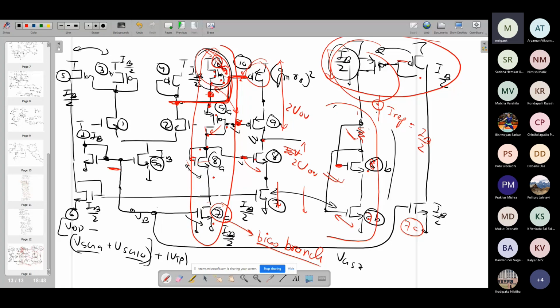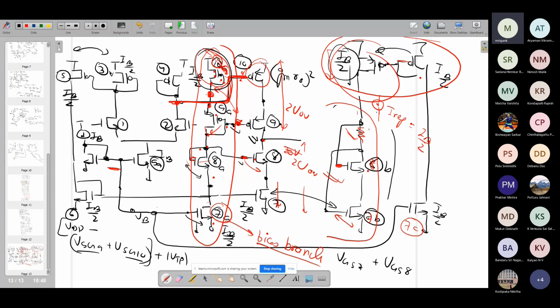So as compared to the drain of M7, you are having VGS of 8 also, so plus VGS8, assuming that the gate and drain voltages of this M7 remain similar, because it is mirroring IB, and assuming that in the IB you have gate and drain voltage similar.